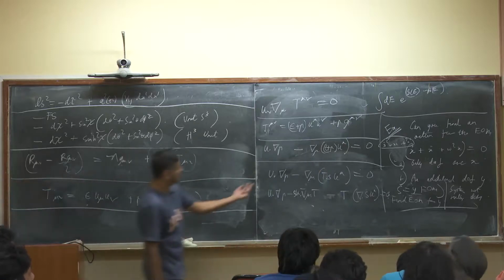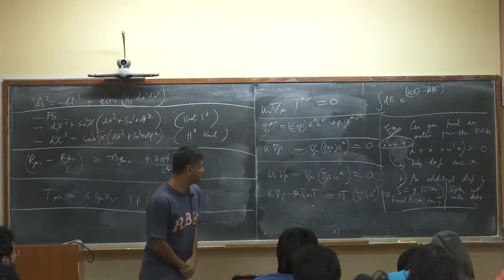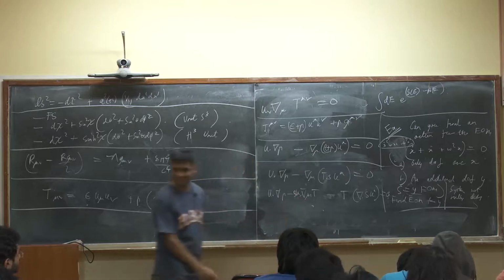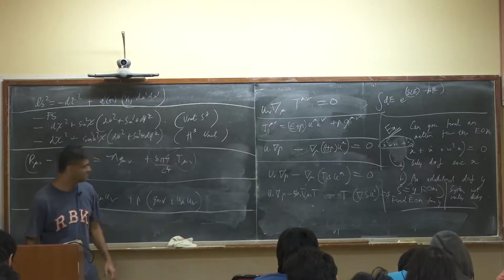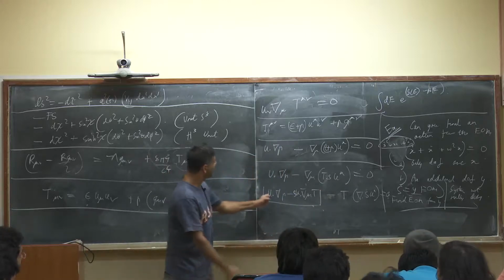All I've done is separate out this del into the part that acts on the t and the part that does not. The part that does not was here, and the part that does is here. Not done anything so far. But now the great thing is that this is 0.